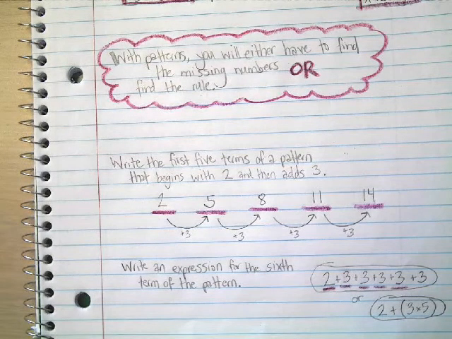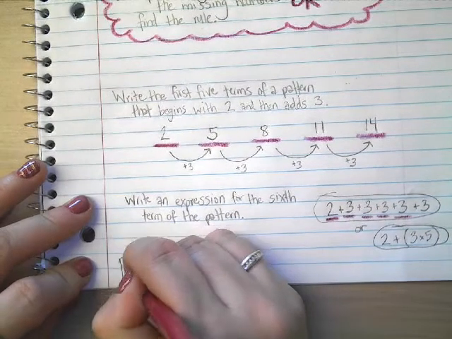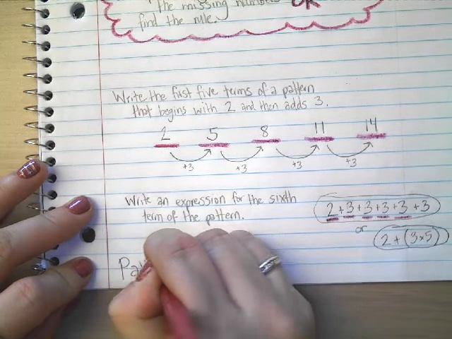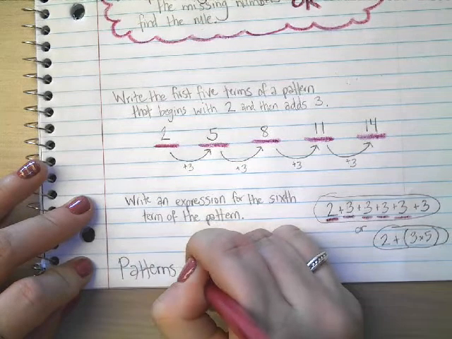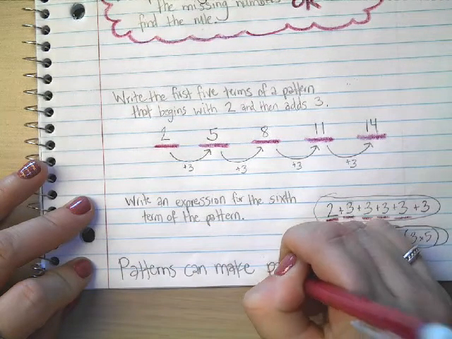But one thing we need to know, and we're going to put an arrow turning the page, is that patterns, number patterns, make pairs. Okay, so patterns can make pairs. And then put an arrow going to the side.